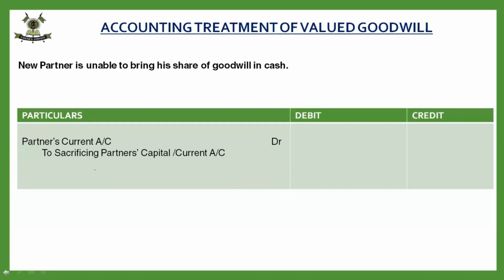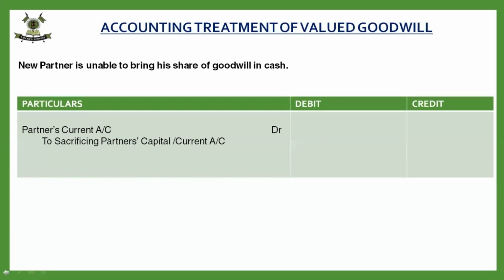So my journal entry at the point when he is being admitted, when he is unable to bring his share of goodwill in cash, will be partner's current account to sacrificing partners' capital or current account. Fine. But this current account is not the same as that current account. That current account is the account maintained under the fixed capital method.